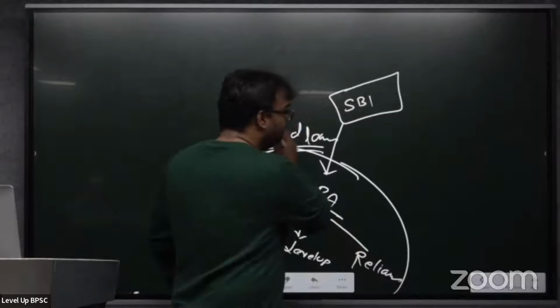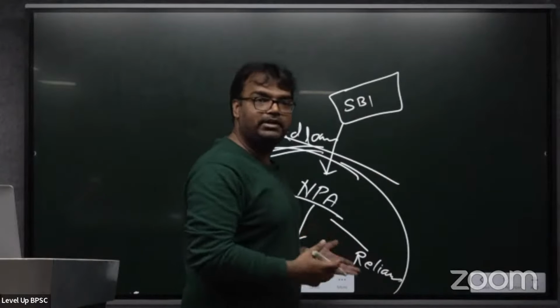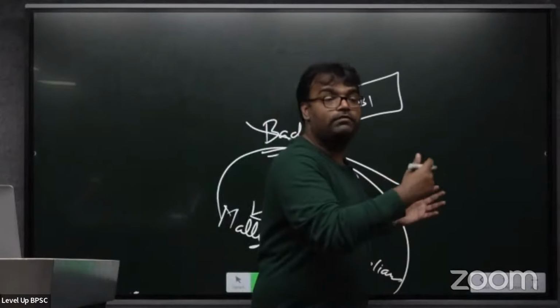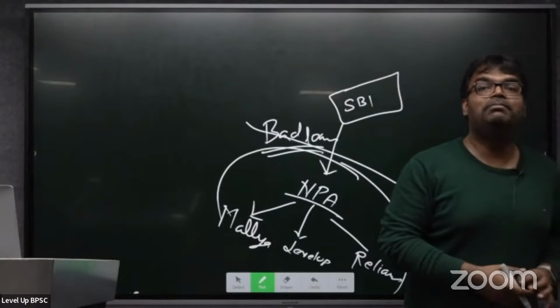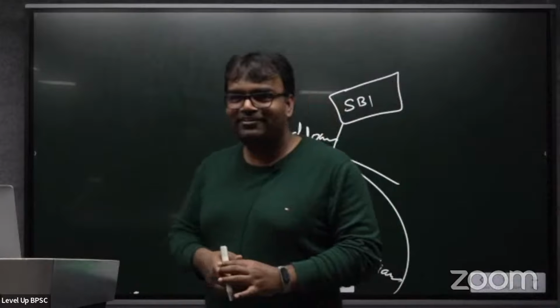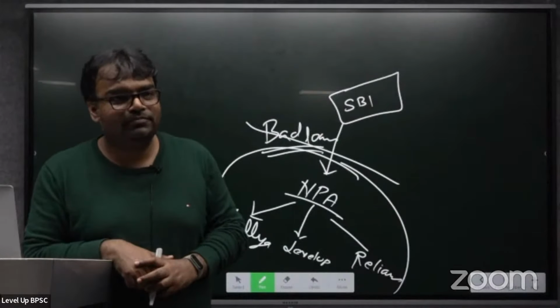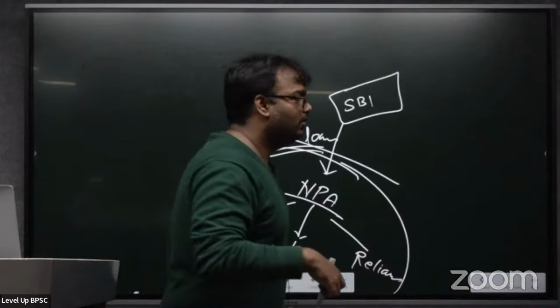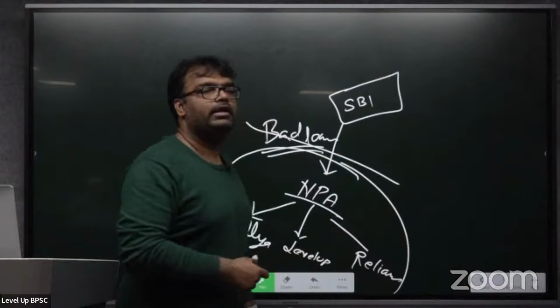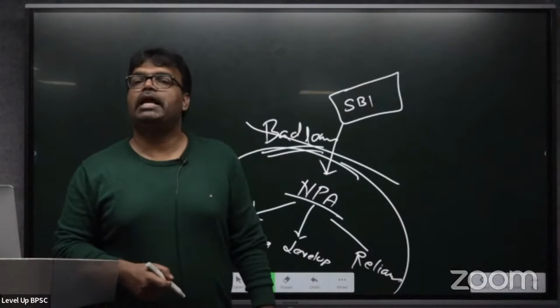Moreover, their money remains stuck here. If they had this money, they would have given loans to other people. The economy would have grown, the money multiplier effect would have improved. So the Government of India has envisaged a mechanism.